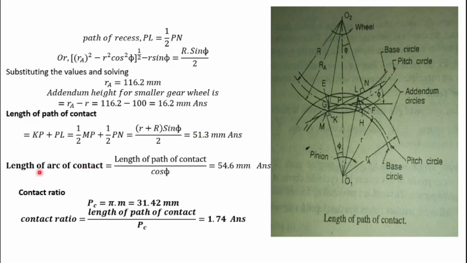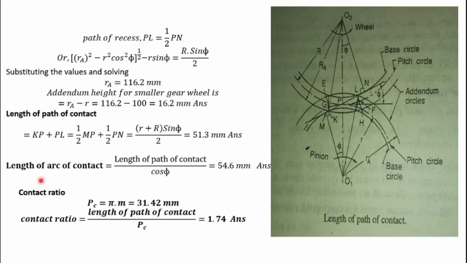Now the length of arc of contact has the formula: it is equal to the length of path of contact divided by cos phi. As we have this value, we can calculate the length of arc of contact also. Another is the contact ratio.